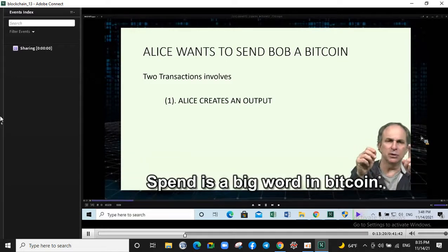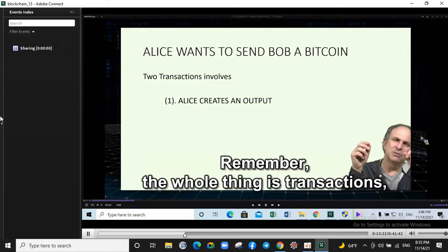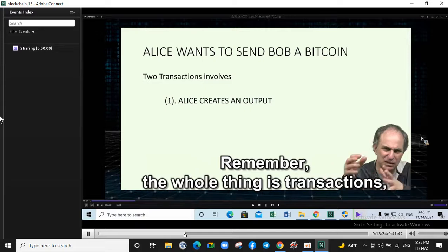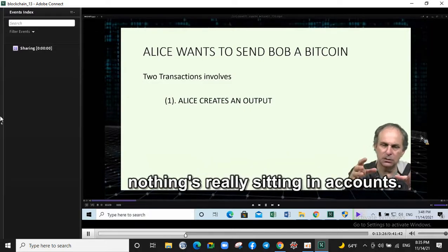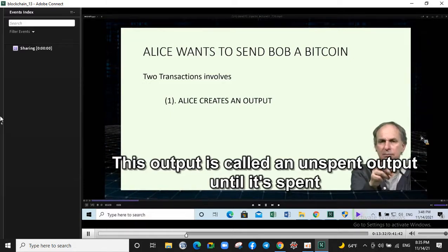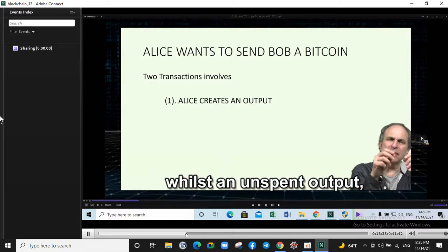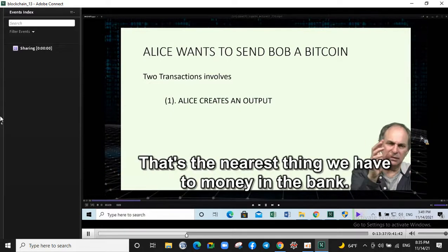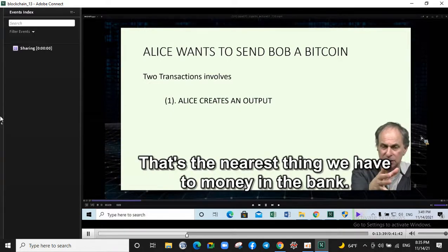Spend is a big word in Bitcoin. Remember, the whole thing's transactions, nothing's really sitting in accounts. So this output is called an unspent output until it's spent. While it's an unspent output, that's the equivalent of being in somebody's account. That's the nearest thing we have to bank money in the bank.